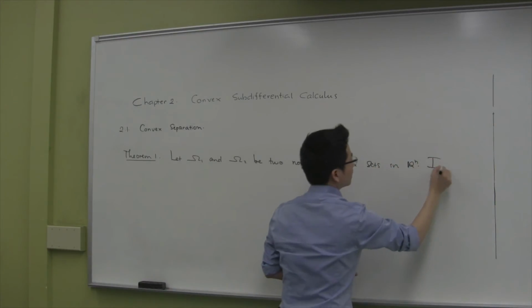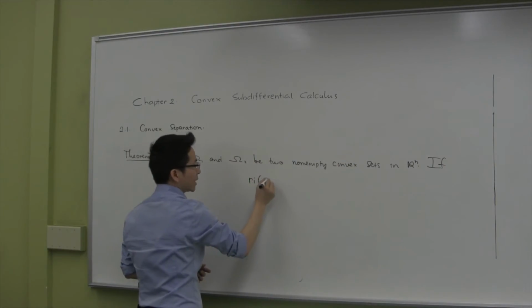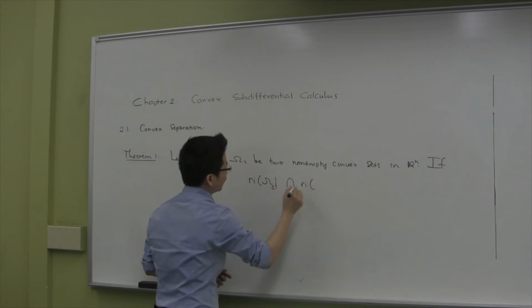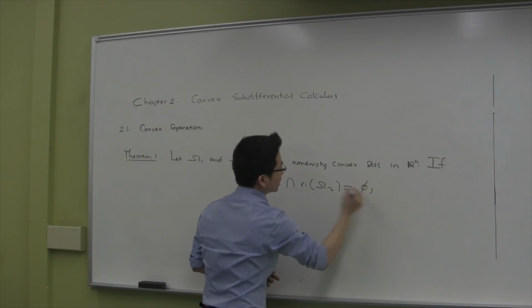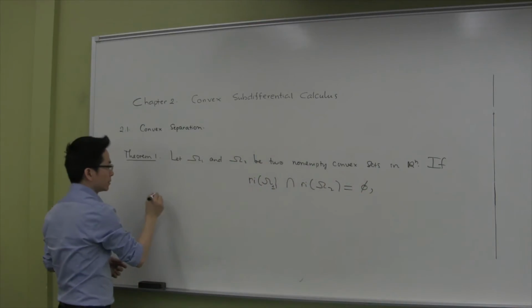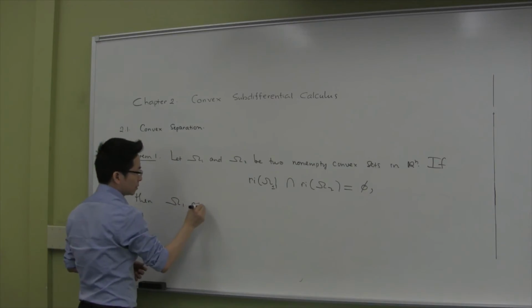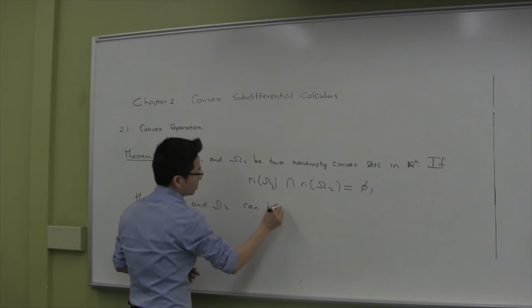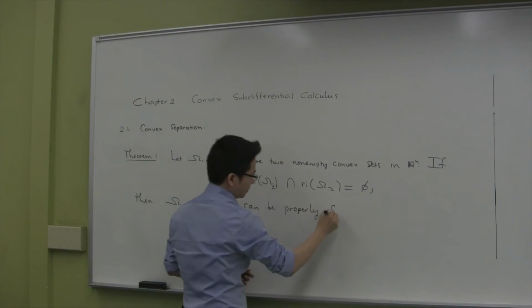If the intersection of the relative interior of omega 1 and the relative interior of omega 2 is equal to the empty set, then omega 1 and omega 2 can be properly separated.